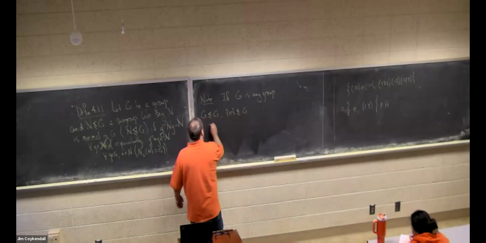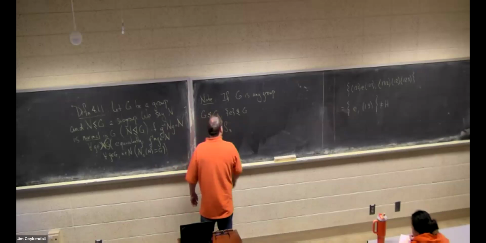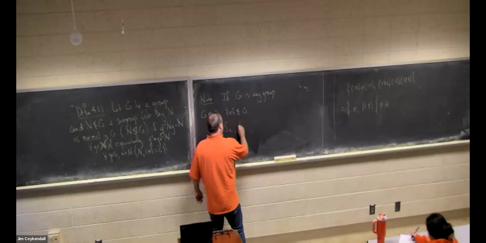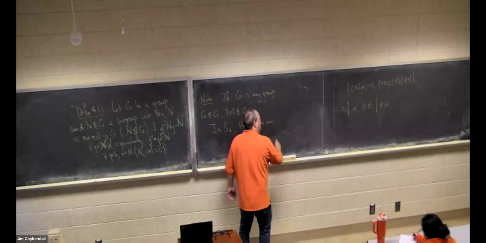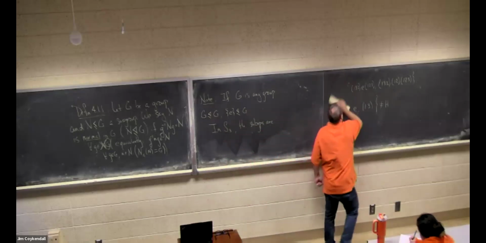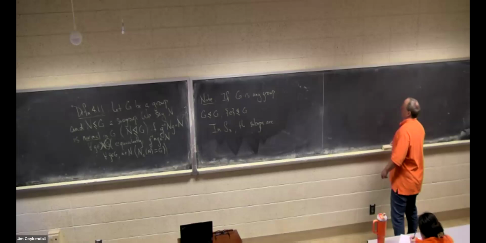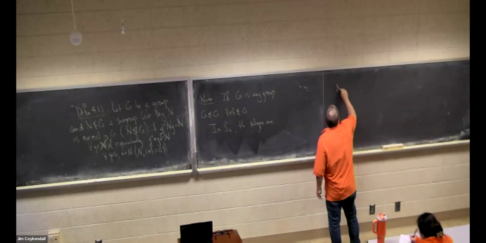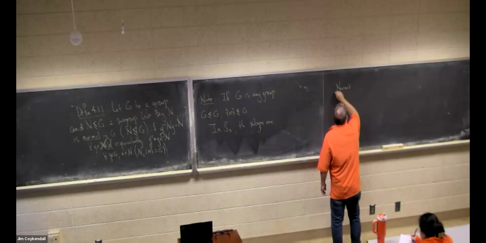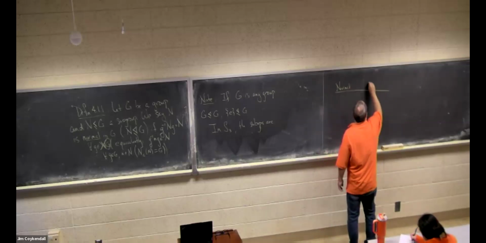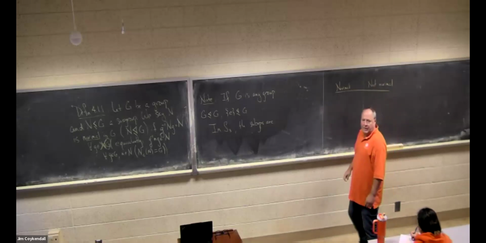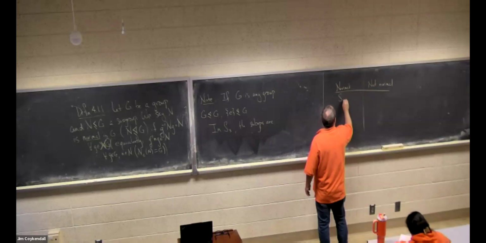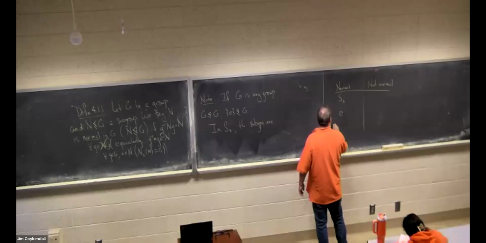In S3, for an exhaustive list, you should check this and make sure, if you want to get your feet wet figuring out what things are normal. In S3, the normal subgroups of it are S3, the identity, and that subgroup.